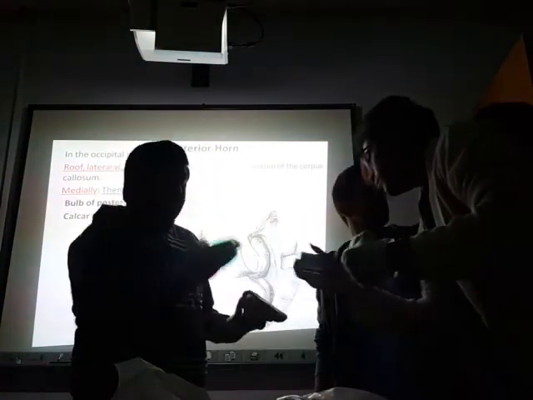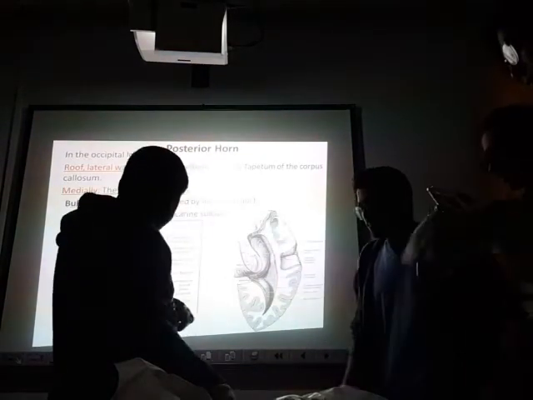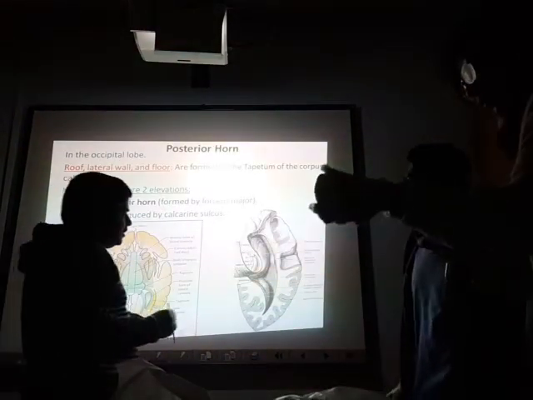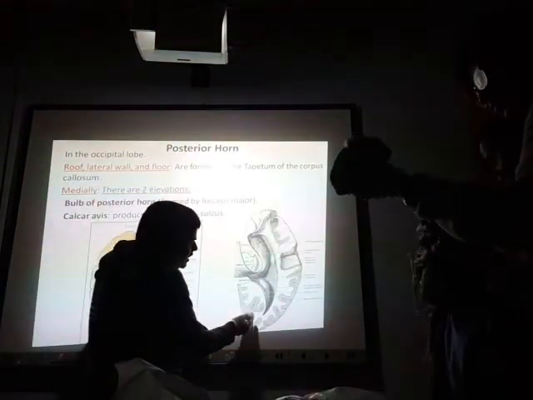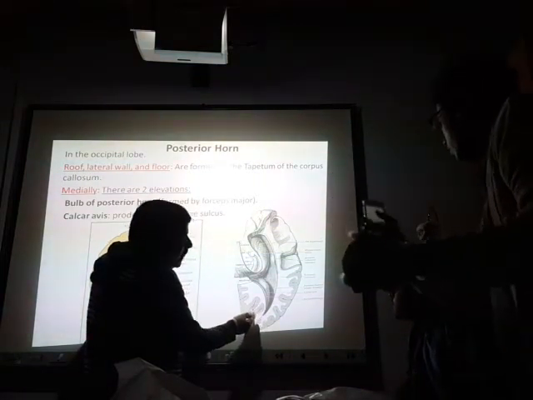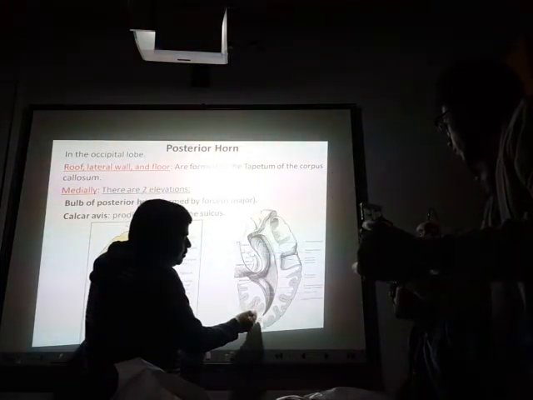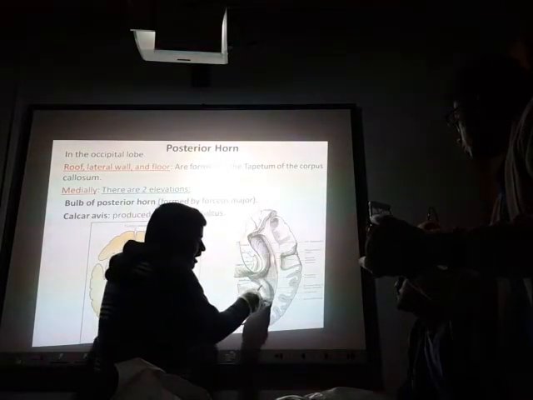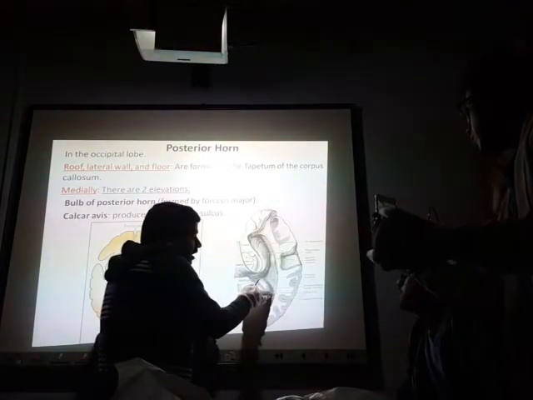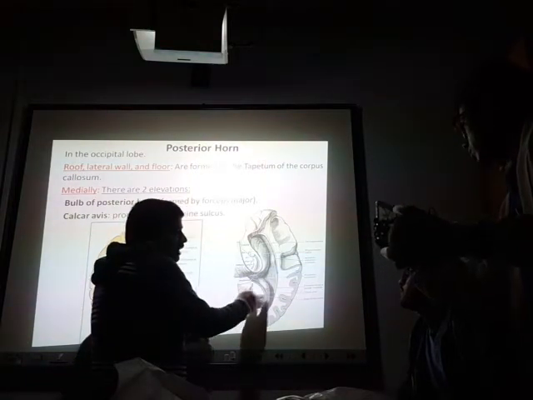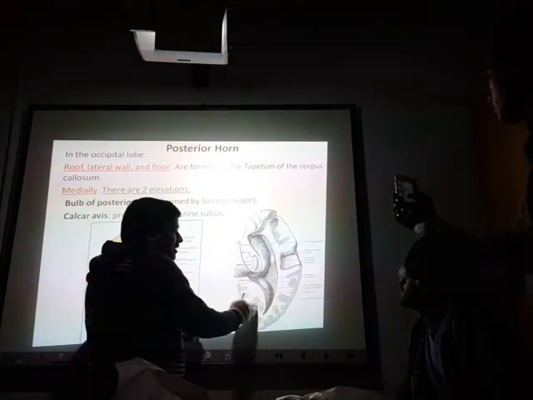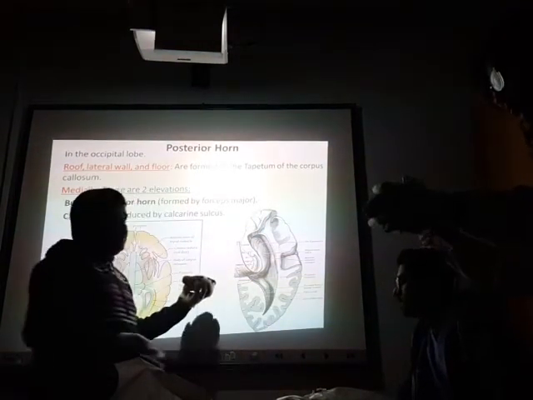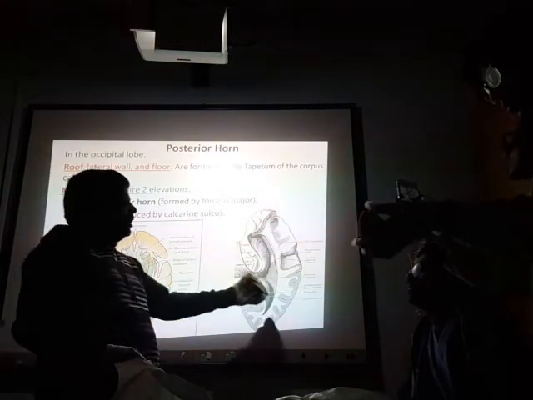Because the sulcus is deep, look here. Consider this as the calcarine sulcus. So this sulcus causes bulging in the posterior horn. Above is the forceps major, below is the calcarine sulcus bulge. That is called calcar avis. So these are the features in the posterior horn.